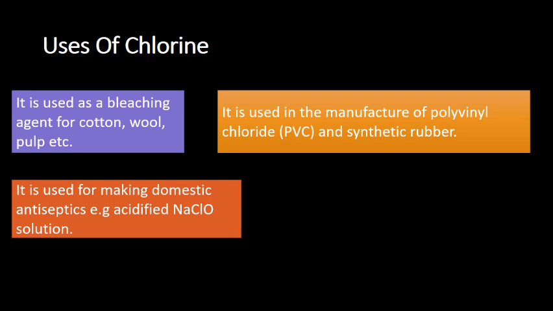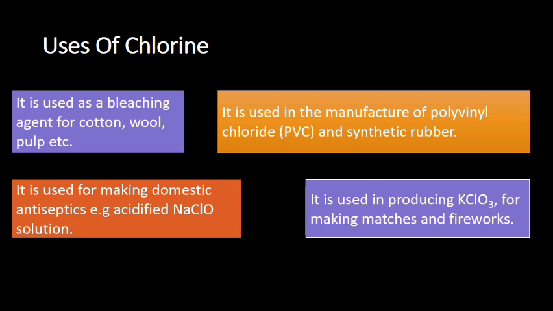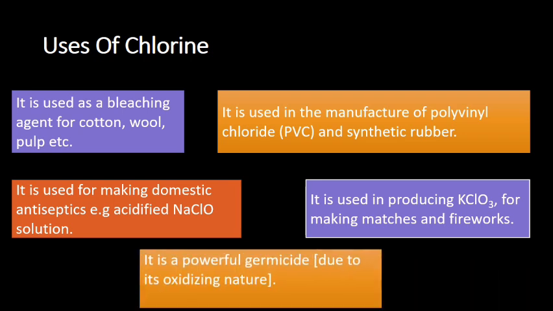Most of those pipes used for plumbing work, like toilet pipes, are PVC pipes, and chlorine is part of what is used to make them. It is also used in producing potassium chlorate for making matches and fireworks. It is a powerful germicide due to its oxidizing nature.